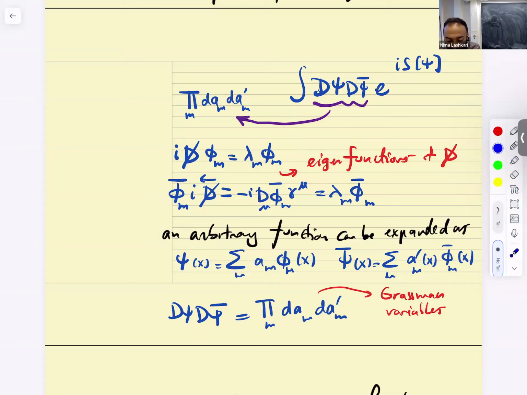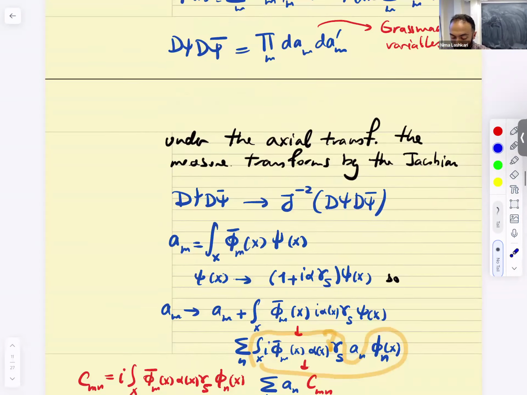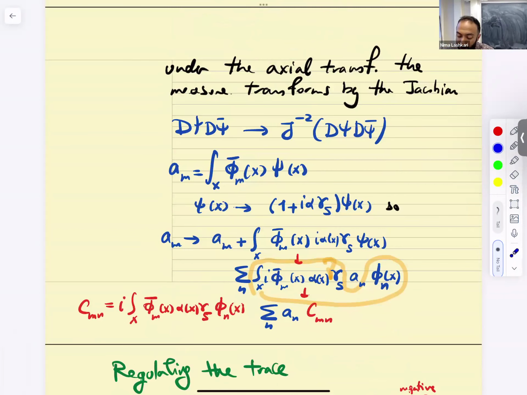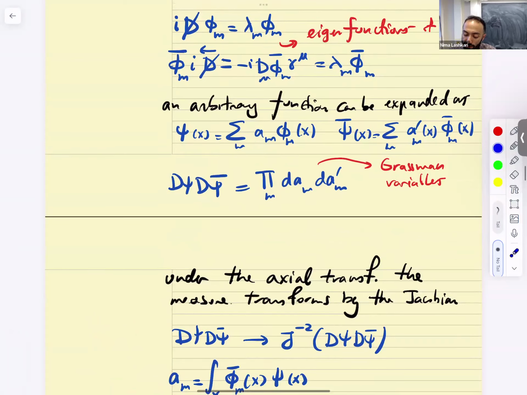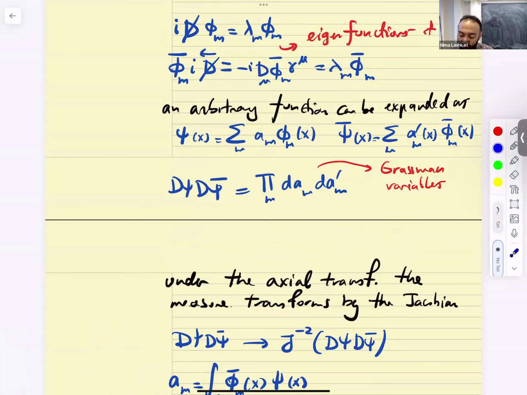So with that, this d psi bar d psi becomes just a product of integrals over these Grassmann variables. Good. Now the anomaly comes from the fact that under axial gauge transformation, this picks up a Jacobian, J to the minus 2.